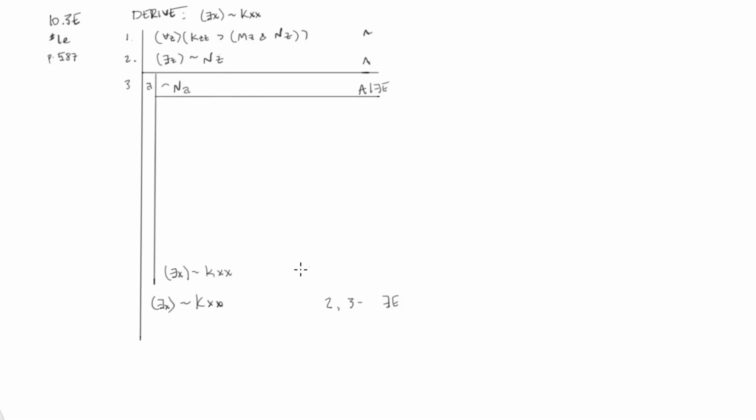And I do want us to think about goal assessment here. If you haven't gotten this far, hit pause and think of a strategy and then resume. So what we're going to do here is actually figure out how we would put together a sentence like this. There's an x tilde kxx. That's an existential generalization. We might think about using existential introduction to get it.